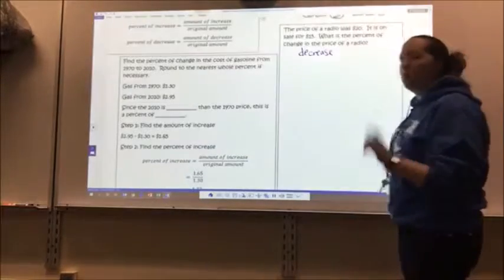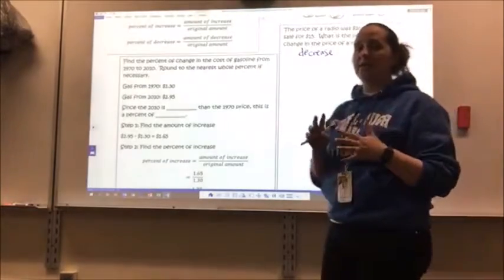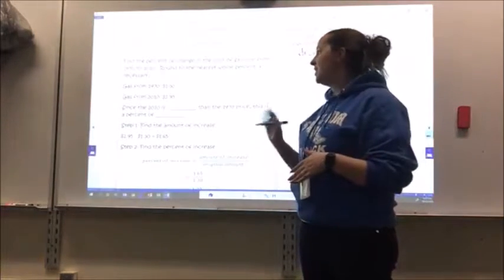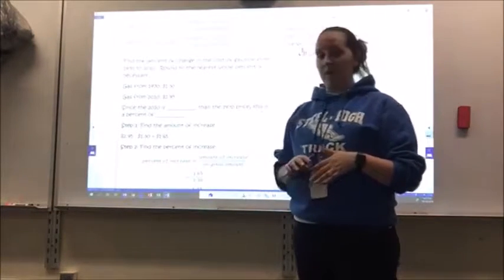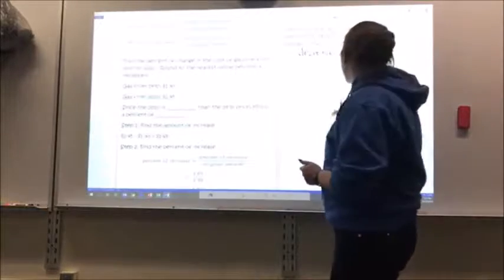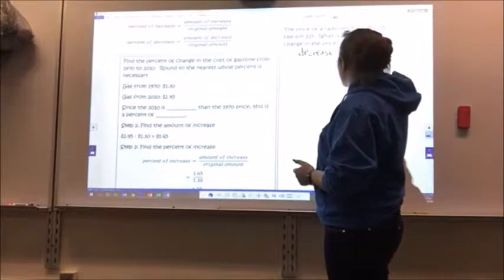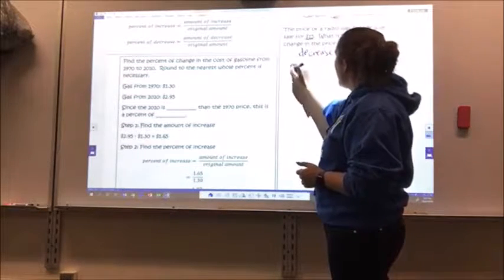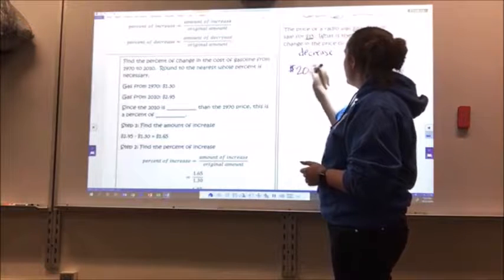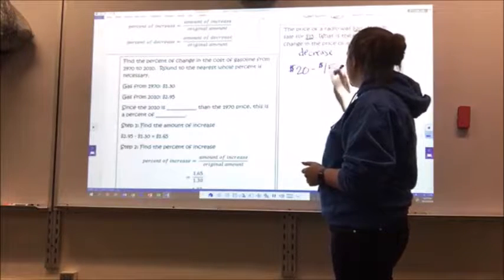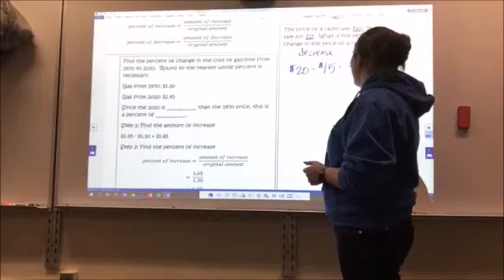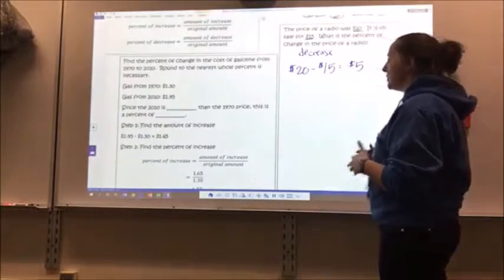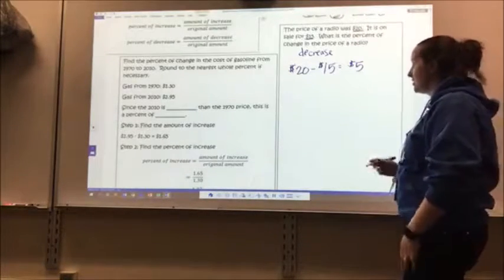Step one, I need to find my amount of decrease, the amount that it changed. I take my first number, 20, and my second number, and subtract them. 20 minus 15 gives me 5. That's my amount of decrease.